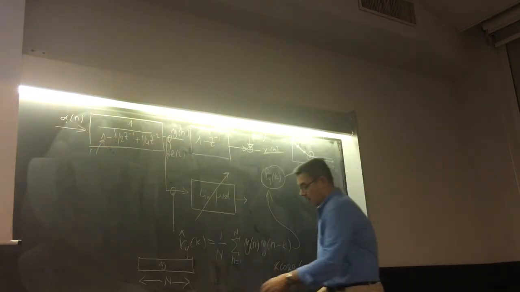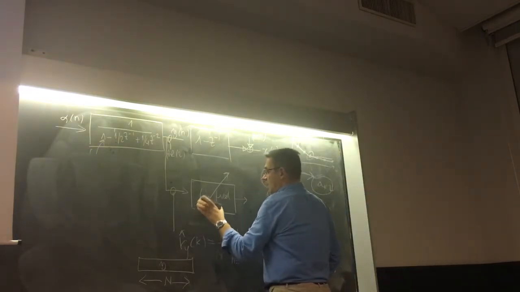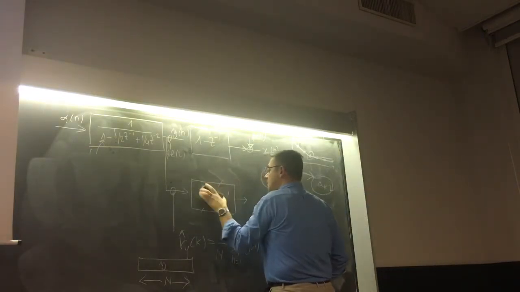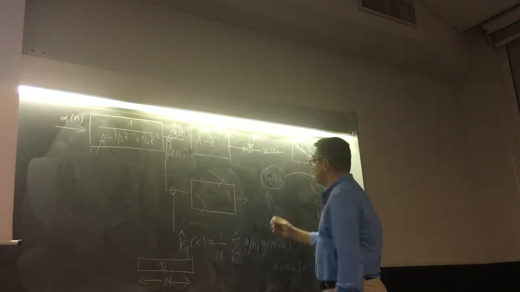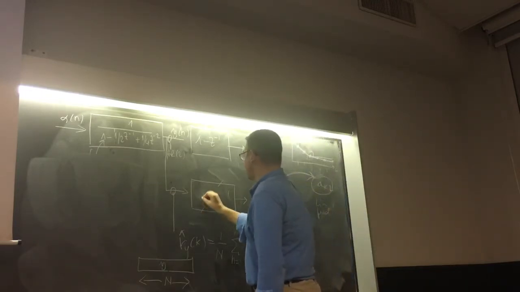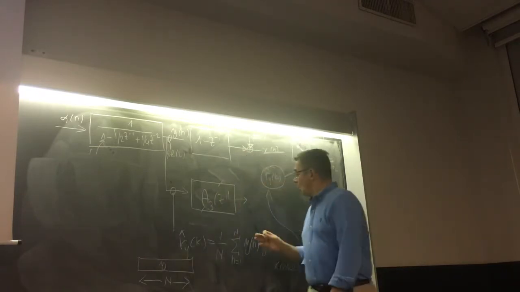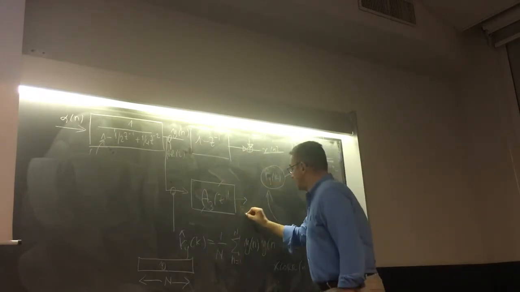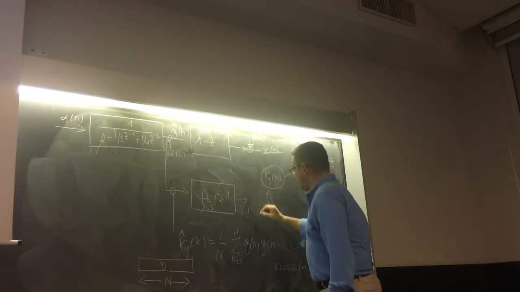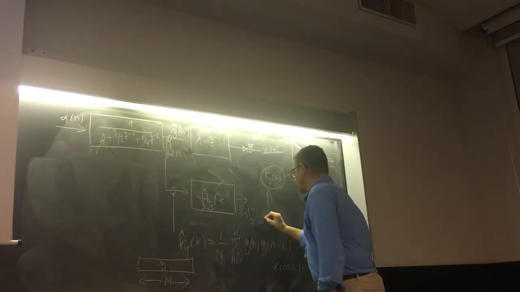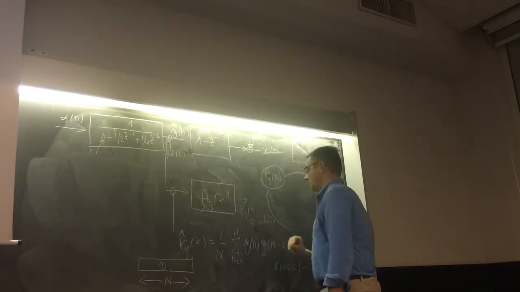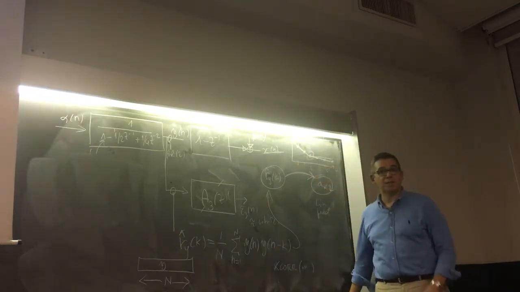So that means that, imagine that specific linear predictor, we have a certain filter A3, where 3 is the order, which gives epsilon 3 here, which is approximately white.